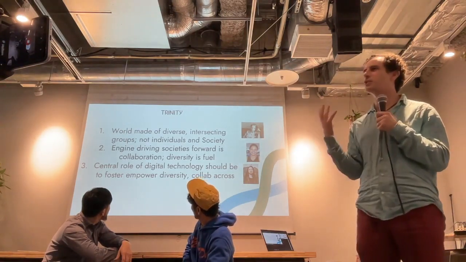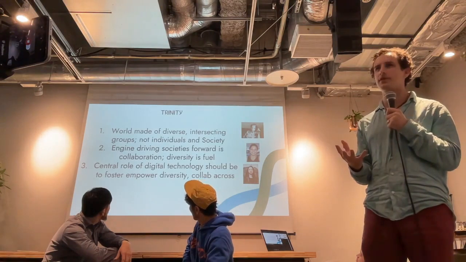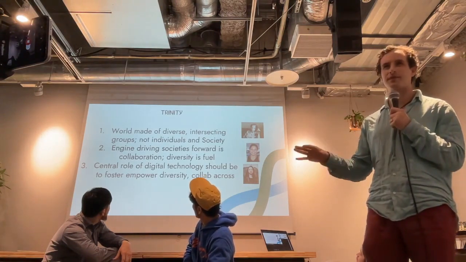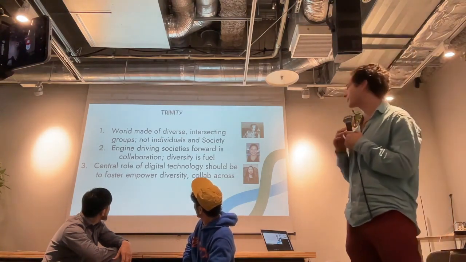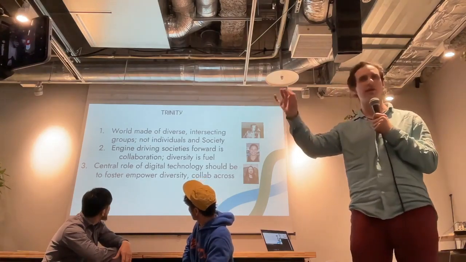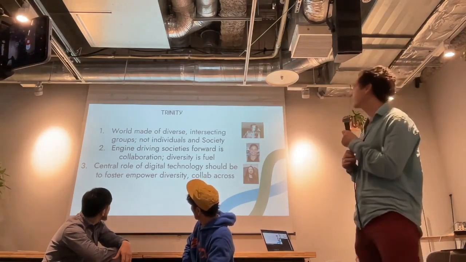That is, fundamentally, we should think of things in terms of networks, or hypergraphs would be the technical way to put it, rather than in terms of isolated individuals and then the society as a whole.